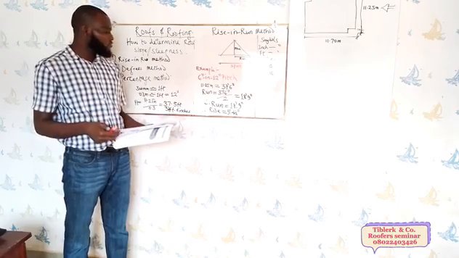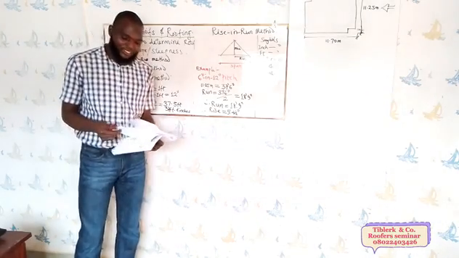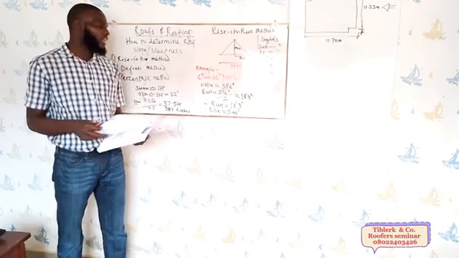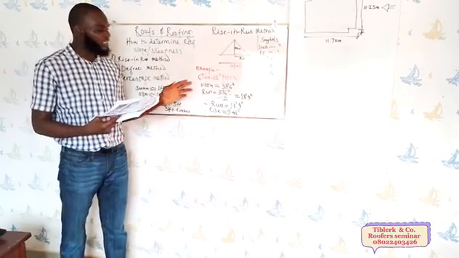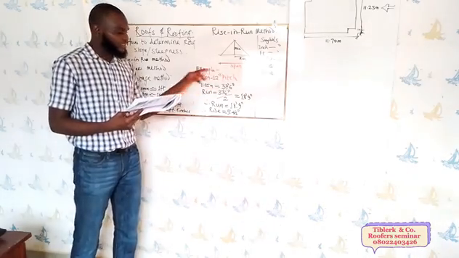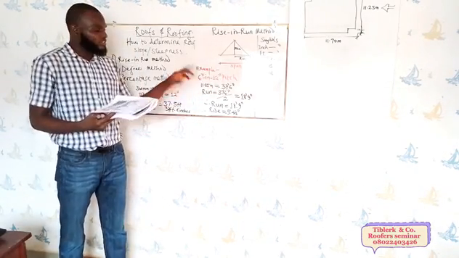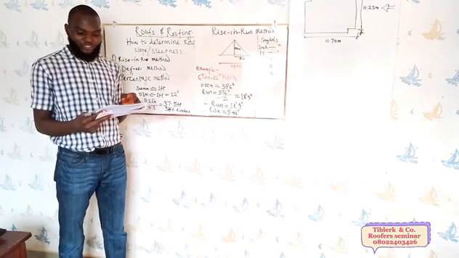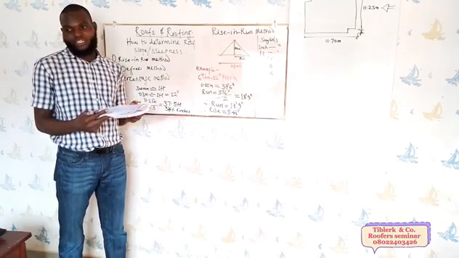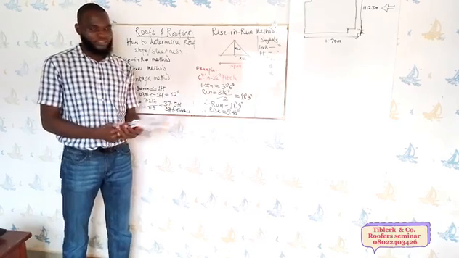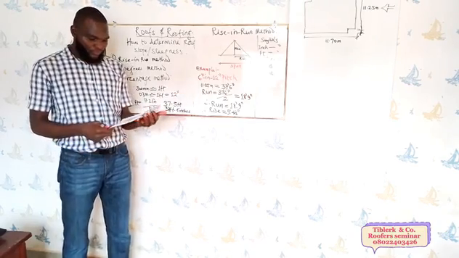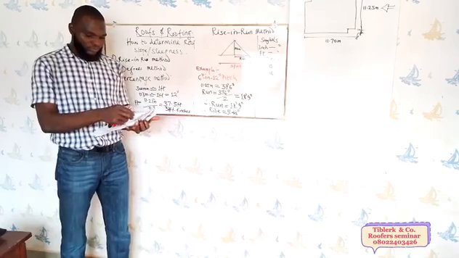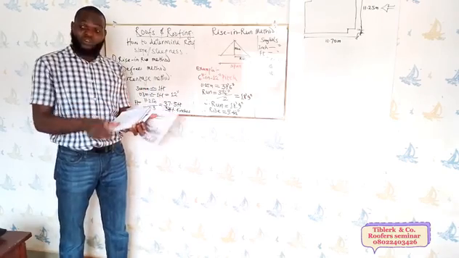So the simple way to determine that is to look at the ratio. What ratio are they? For instance, if you are to use the 4 in 12, that will be ratio 1 to 3.